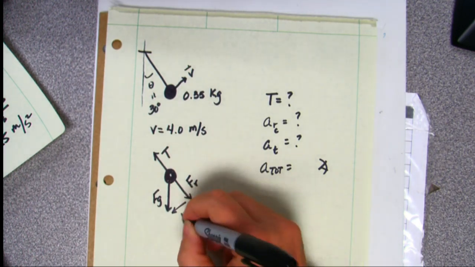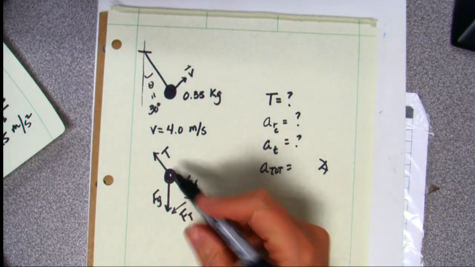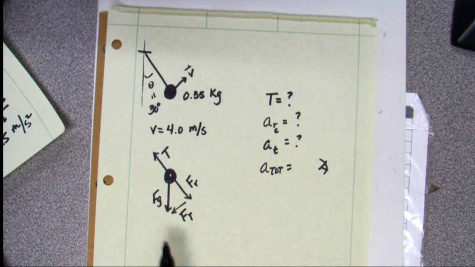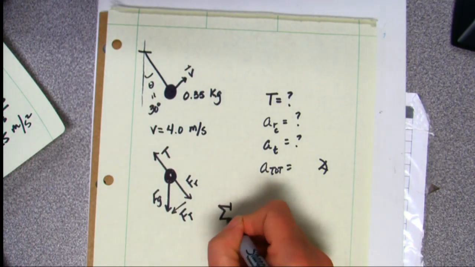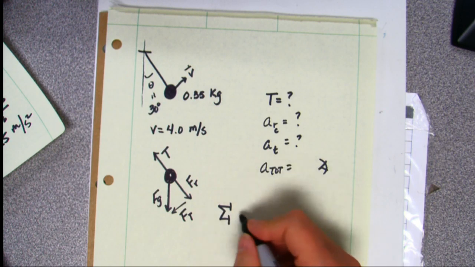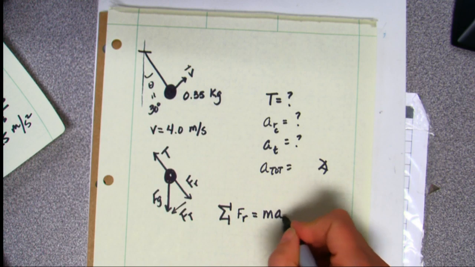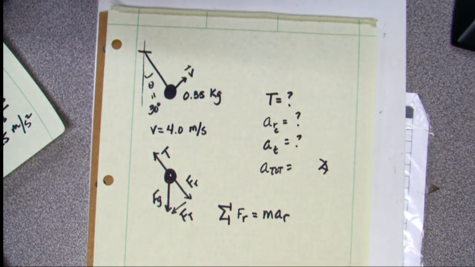So I'm going to have a force tangential, force radial, tension in the string, force due to gravity. So I have to set up a force balance. My force balance, because this is in motion, is going to equal the forces in the radial direction, mass times my radial acceleration, which is my centripetal acceleration.